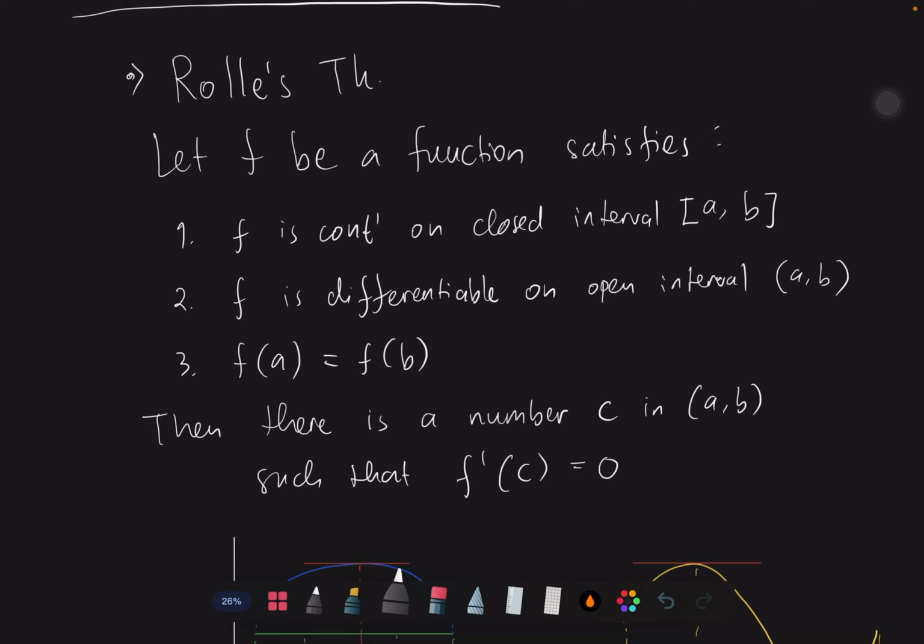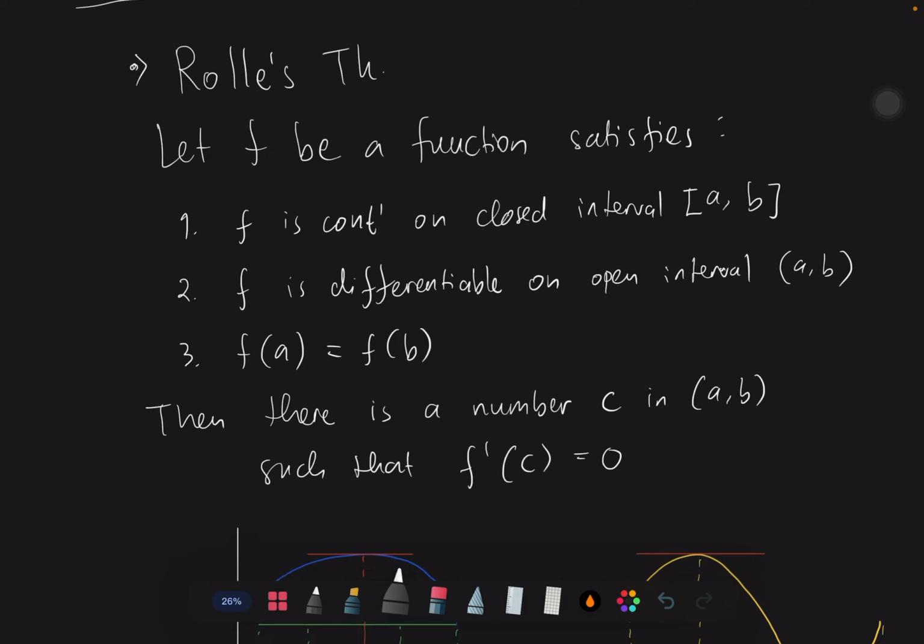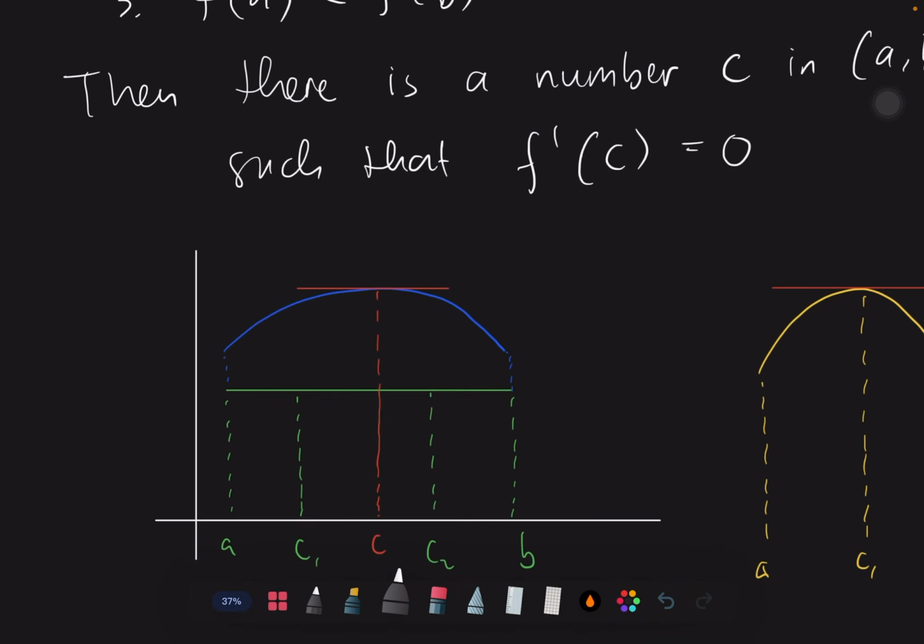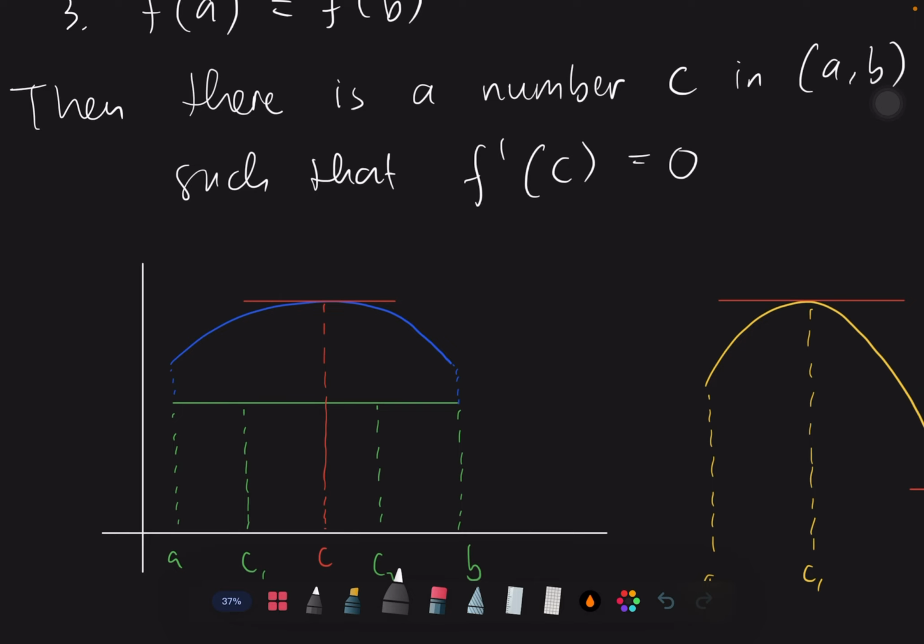f prime of c is equal to 0. We can see this in some of the curves, like the blue, green and yellow curves. They have all three requirements: continuous, differentiable, and f of a is equal to f of b. And of course, in between a and b, we will see there will be a c.